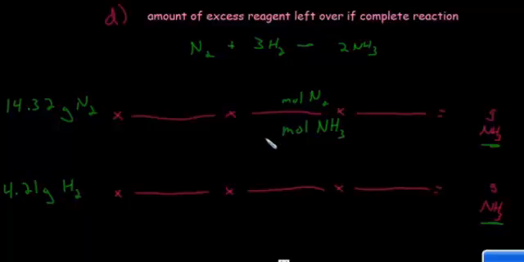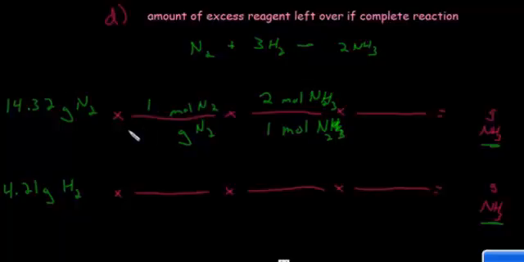In front of moles of N2, we have 1, and in front of moles of NH3, we have 2. But of course, we need to get from grams into moles of N2, and so to go from grams of N2 into moles of N2, we know we can use the molar mass of N2.